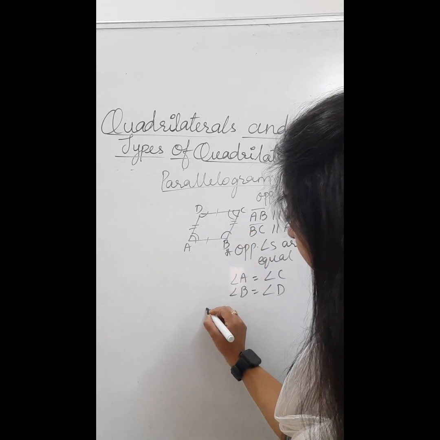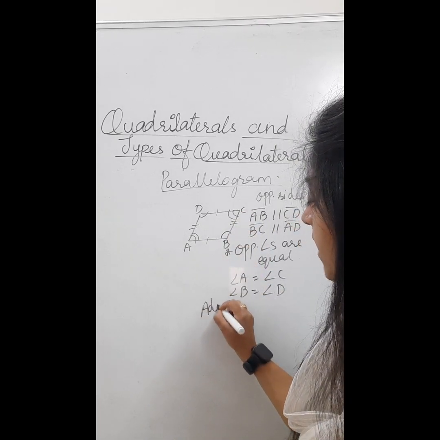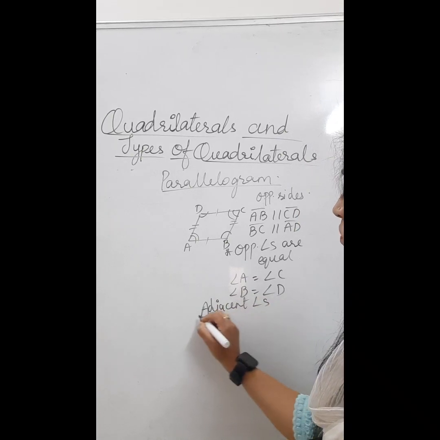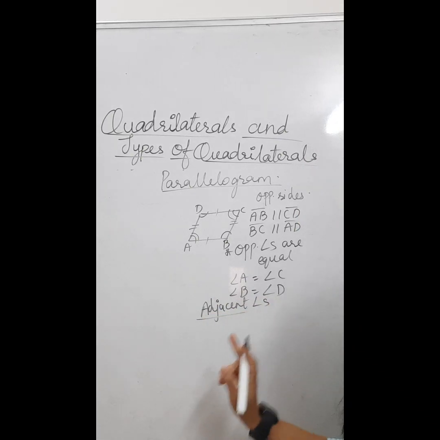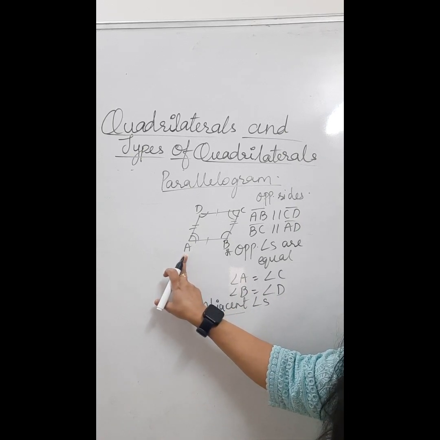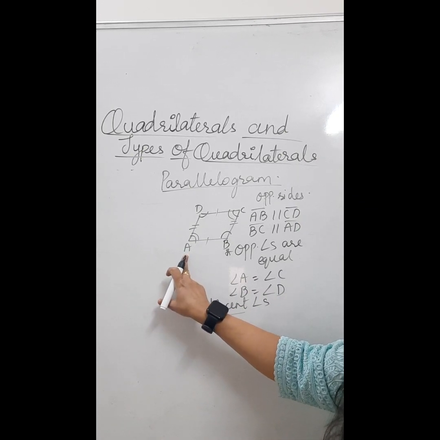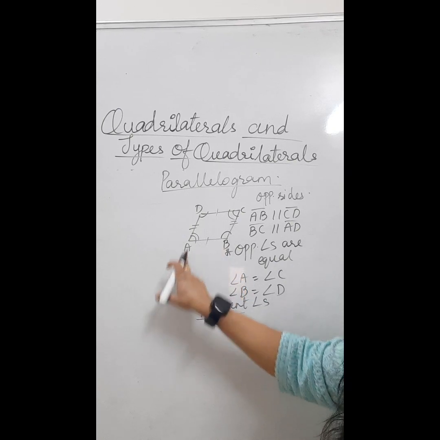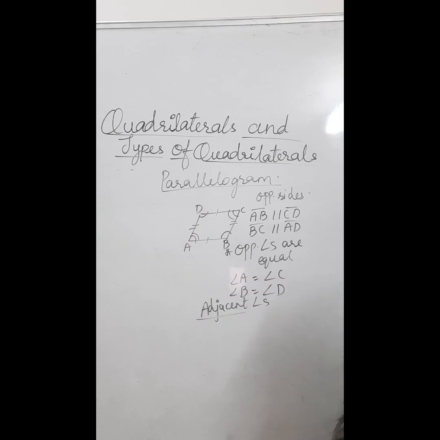Again, the adjacent angles. What do you mean by adjacent? Adjacent means neighboring. Suppose I take angle A, so what are the adjacent angles of angle A? It can be angle B, it can be angle D also. So adjacent angles of a parallelogram are always supplementary.